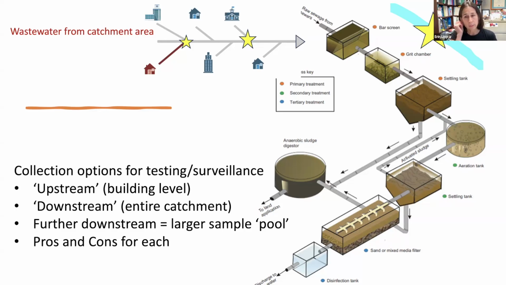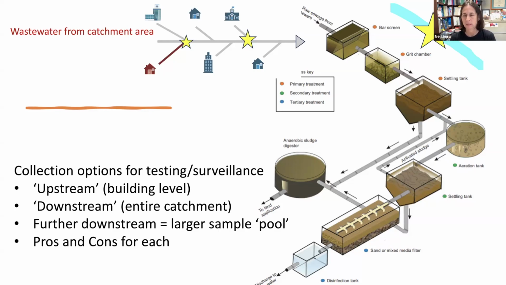When you get to this point, typically you are taking samples from raw sewage or some point in that initial primary treatment step. It could be that you're taking the solids that have settled out, so you might take material from the grit chamber, but generally you're taking material from somewhere past the bar screen. So you're getting rid of really the big particulates, but before it goes into real wastewater treatment. That's the key thing, because you want to get that material before it starts changing too much.